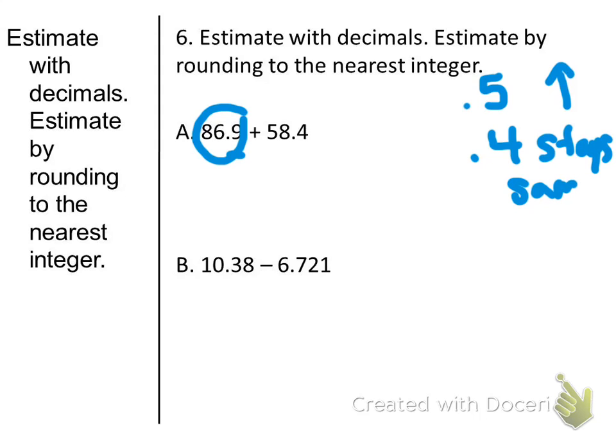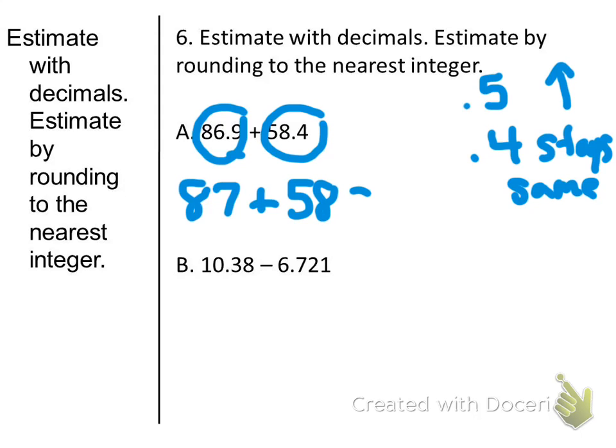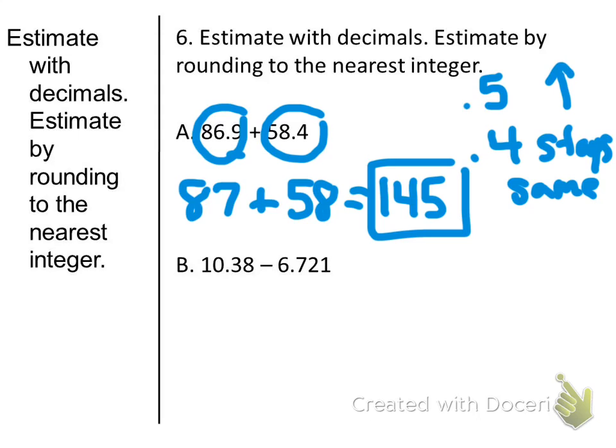So I have 0.9, so this becomes 87. 58.4, the 4 tells the 8 to stay the same. So now I have 87 plus 58, which is 145. That is the correct answer for estimation.